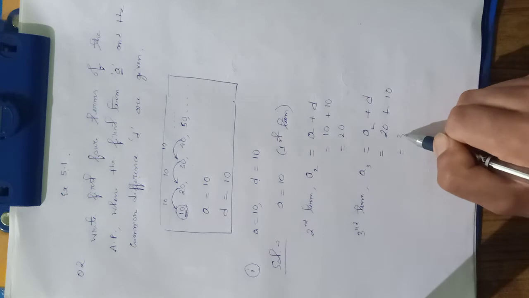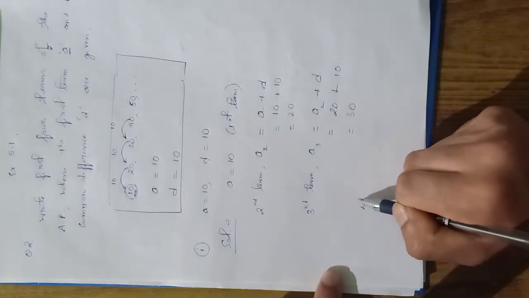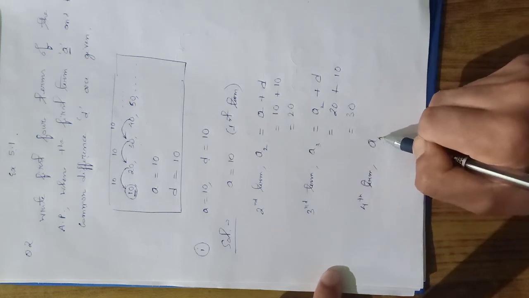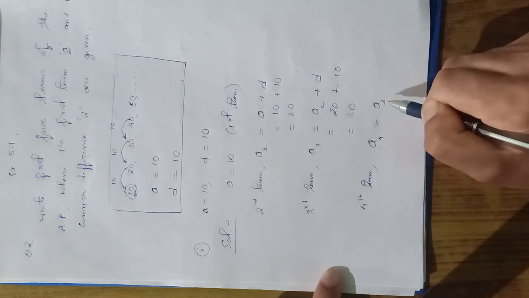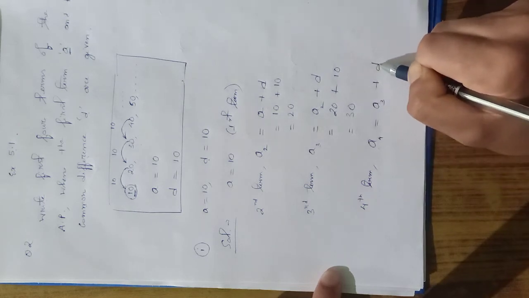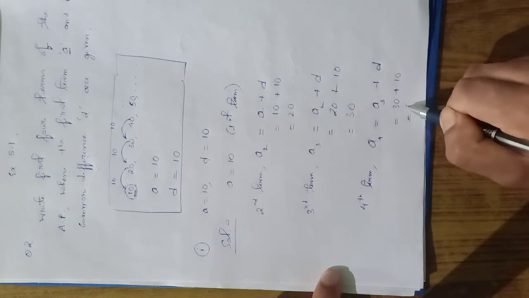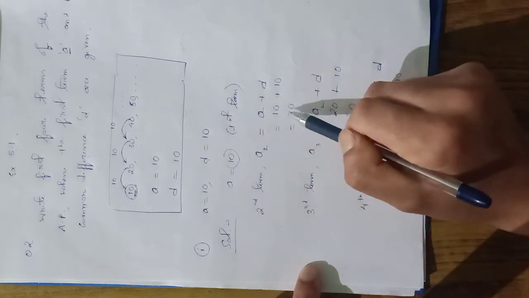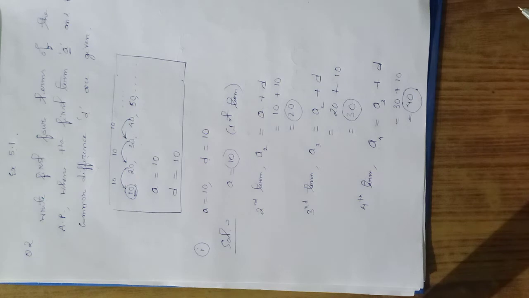That gives you 30. Now to find the fourth term, denoted by A4, with its preceding term, which is the third term, we add the common difference. So that is 30 plus 10, that is 40. So this gives you the first, second, third, and fourth terms of your given arithmetic progression.